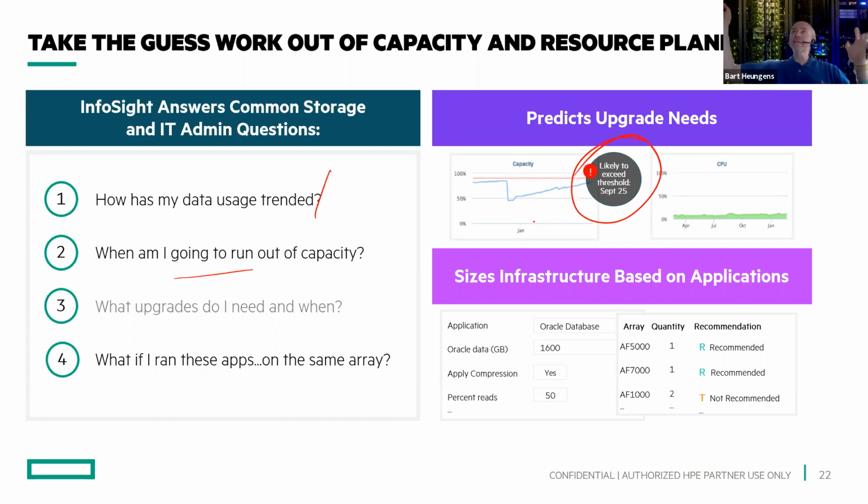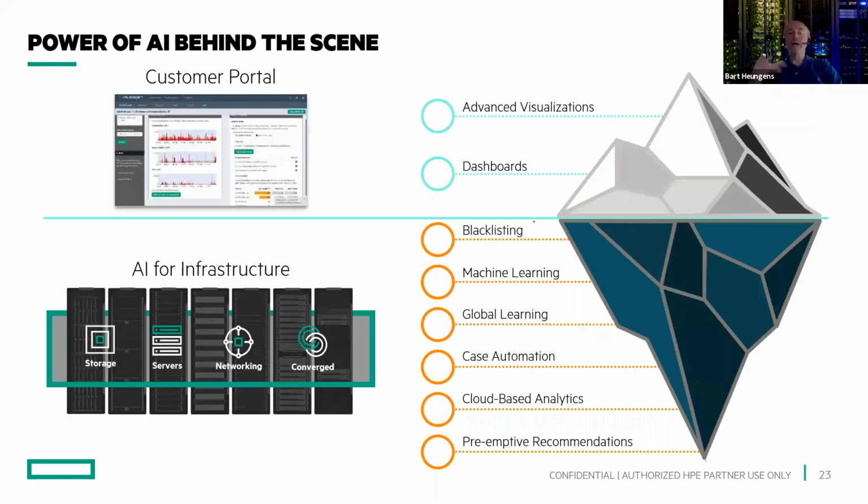If I take this into account for the upcoming 5 years, this is what you need to order. We don't need to do any sizings anymore. Why? Because with Nimble, we already have a lot of information. Now, of course, we added 3PAR, we added Primera, we added ProLiant, we added SimpliVity. So we want this experience, of course, everywhere. We just need to collect that data. How do we collect that data?